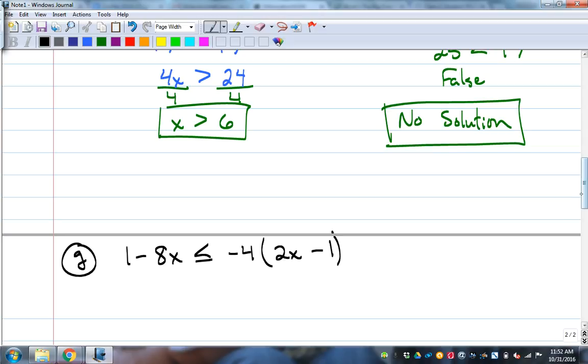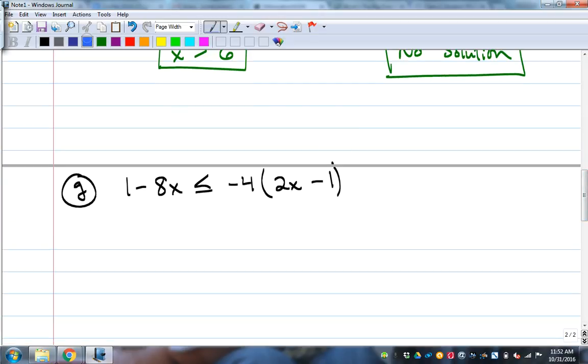So what would you do with that one first? Yeah, distributive property. You see that? We're going to do that first. That's negative 8x and then plus 4 on that side. And then I like moving the variable to the left, so I'm going to add 8x to both sides.